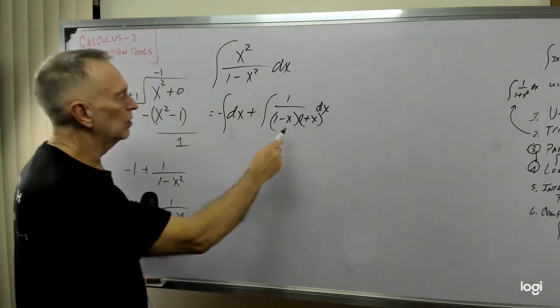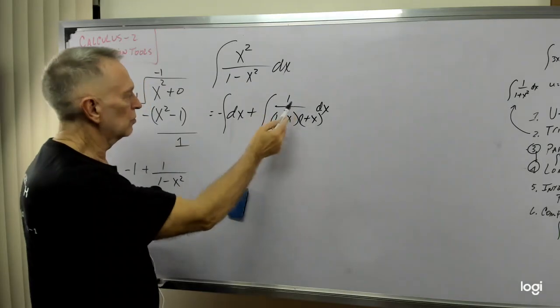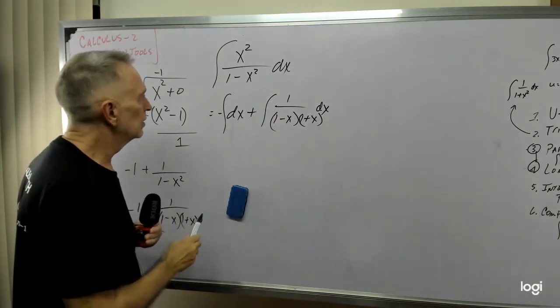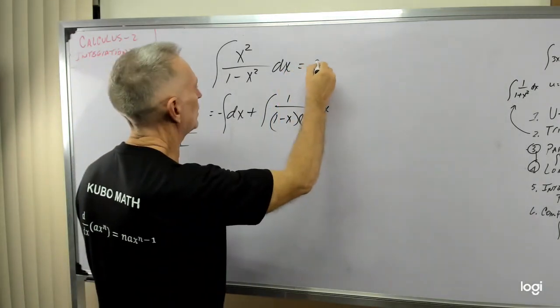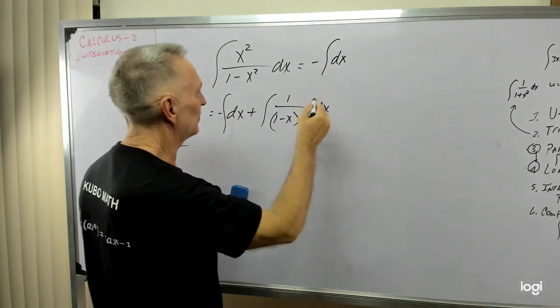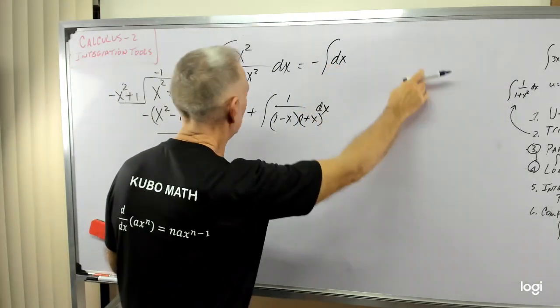Now for a moment, I'm just going to work with this integral and we'll come back to this. As a matter of fact, let me just put it up here so I don't lose it. That's happened before. All right, so we'll continue on in a moment.